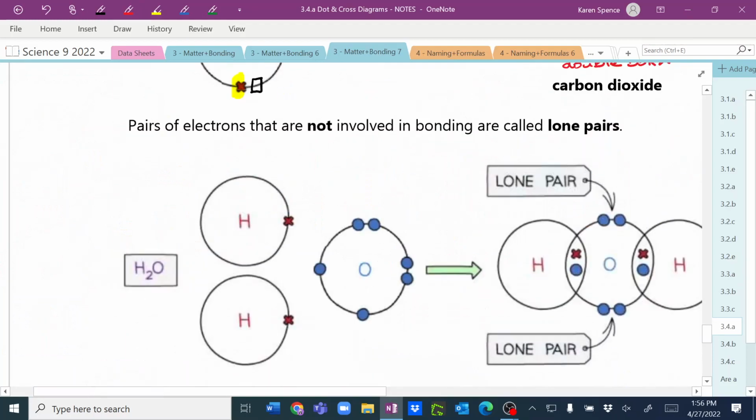Here's H2O. This one's a little more straightforward. We have 2 holes in oxygen and 2 holes in hydrogen. It is totally optional for you to draw in the holes or not. If you find it helps you, you can do it. If you don't find it helps you, then don't bother, okay?